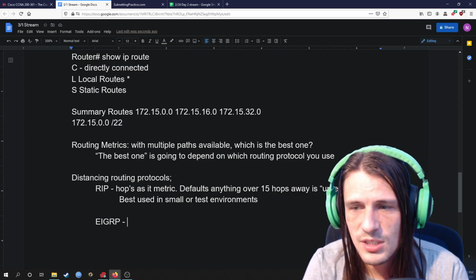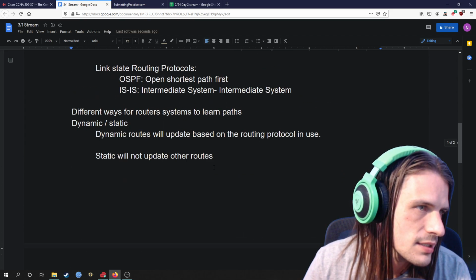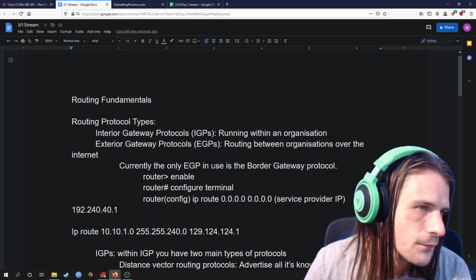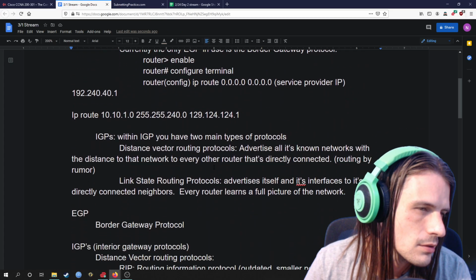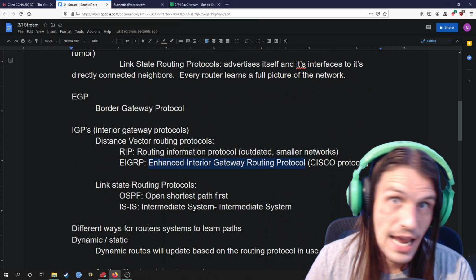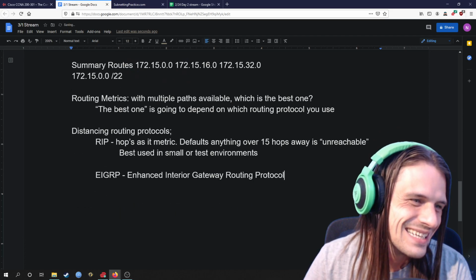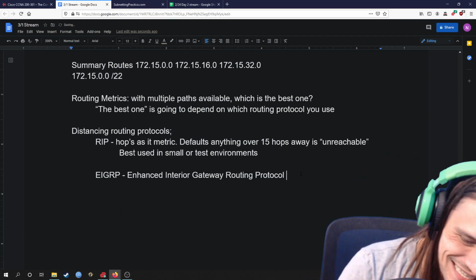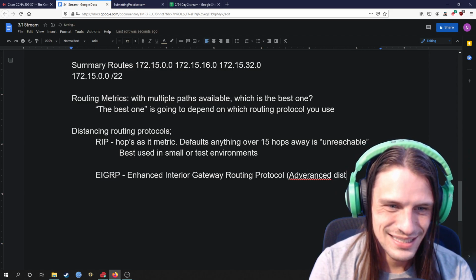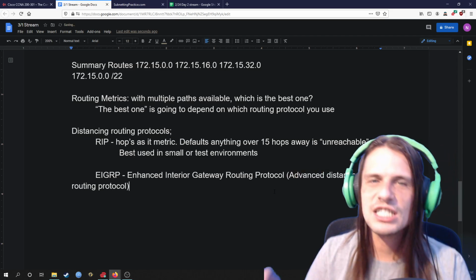EIGRP, that's the Cisco specific routing protocol. What did it stand for again? Let's see here. It's enhanced. It's enhanced and advanced. It's the Enhanced Interior Gateway Routing Protocol. And I say that because Cisco actually considers this an advanced distance routing protocol. So they consider it much better, on a different level than RIP.